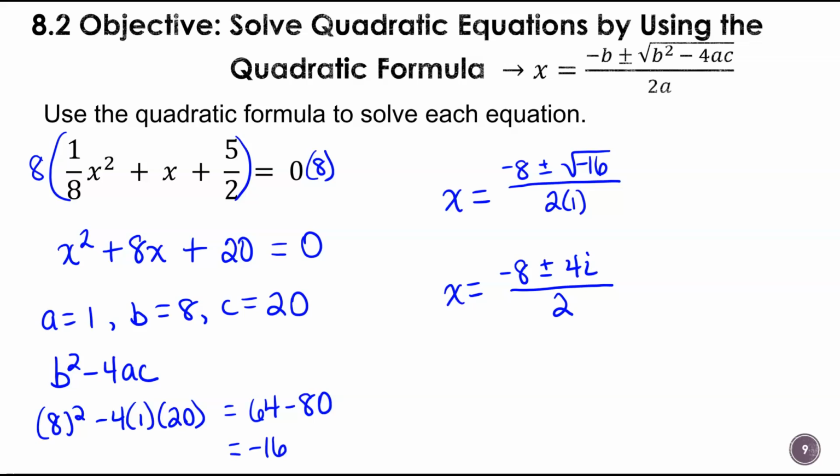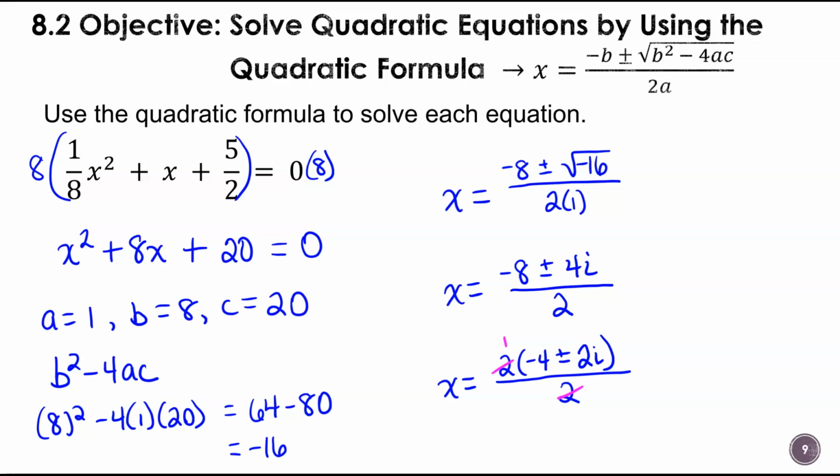And then you can see that everything's divisible by 2. All right, so if I take a 2 out, that's negative 4 plus or minus 2i over 2, right? 2 is my common factor.